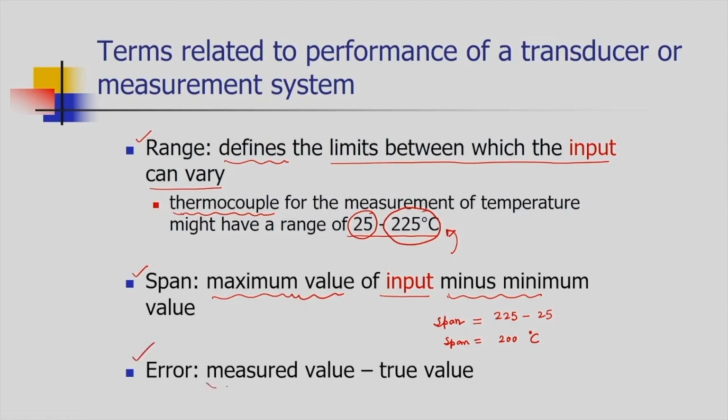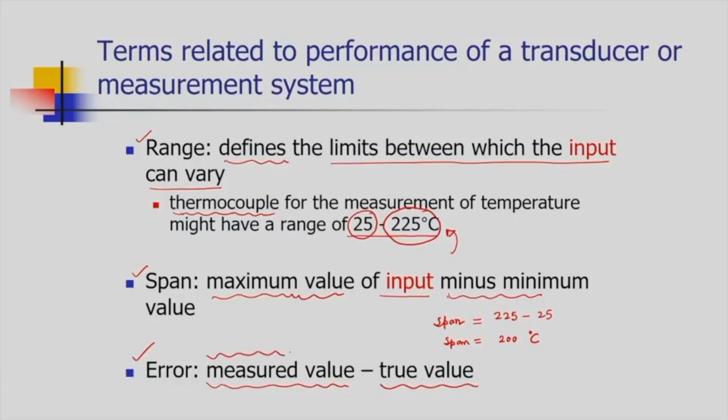The third term is the error. Error is nothing but the difference between the measured value and the true value. The sensors are designed and manufactured in a laboratory, and they are calibrated, and based on the calibration the true values or the expected values are determined for a set of input parameters. When the same sensors are used in actual practice, they may not give the exact or the desired result.